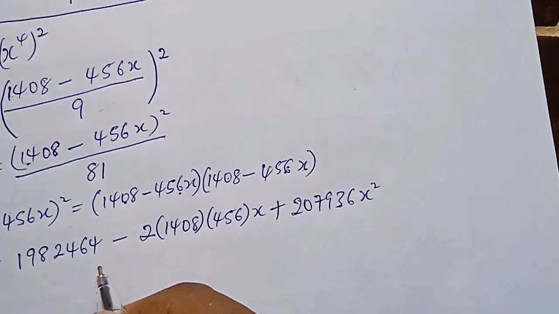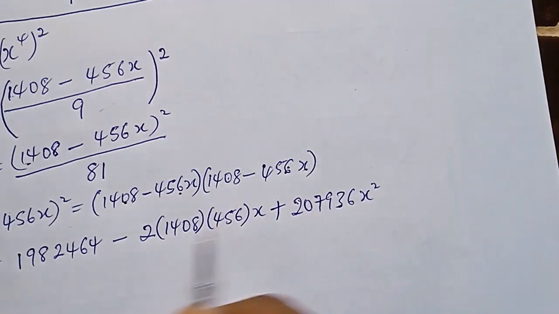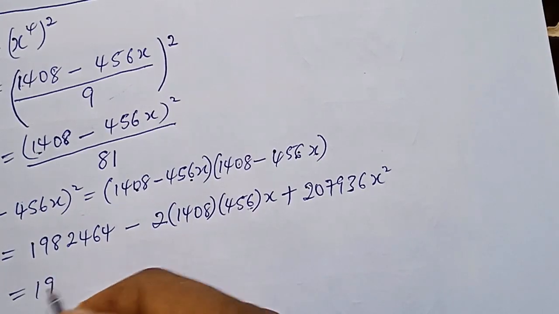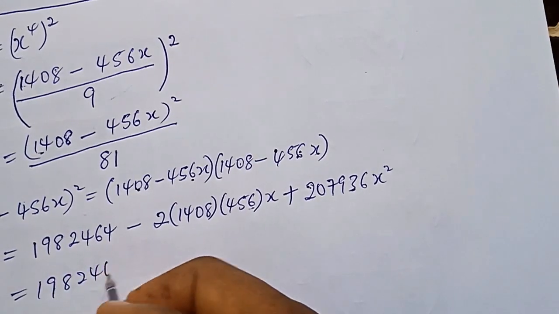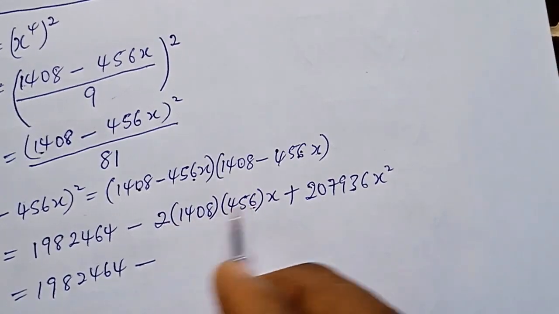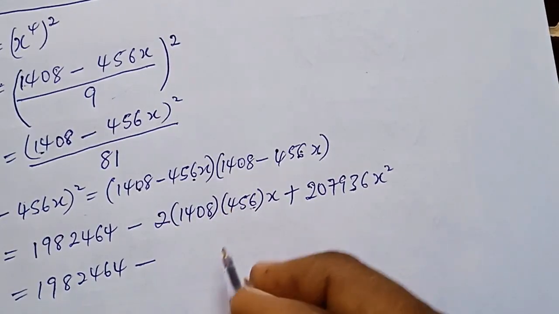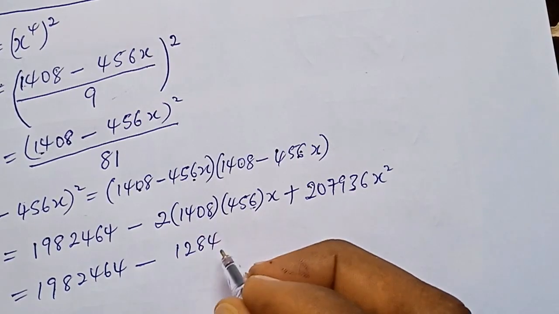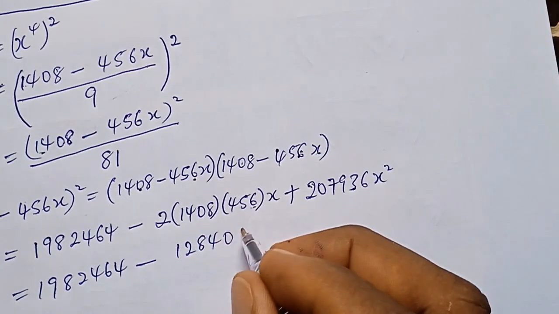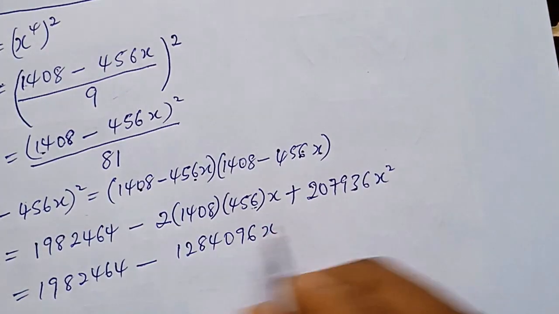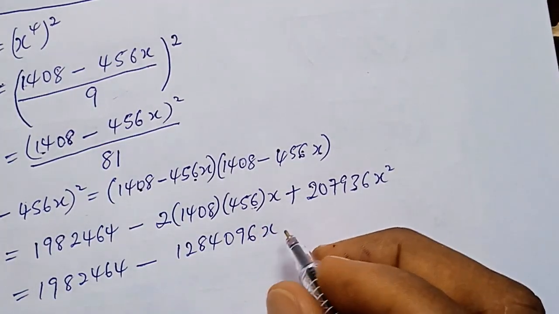Okay, and this will be simplified as 1982464 minus, so if we simplify this and multiply all this together, we have 1284096x. I've already simplified it, that's why I'm writing it down.